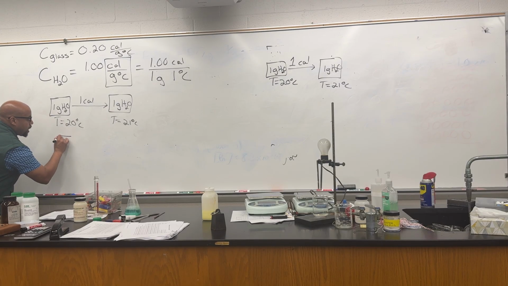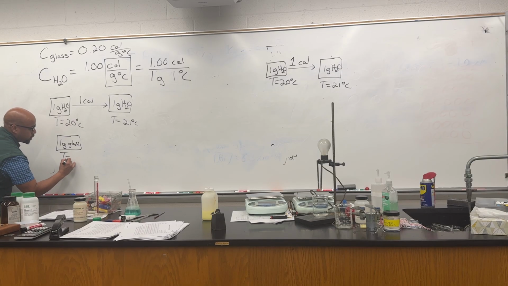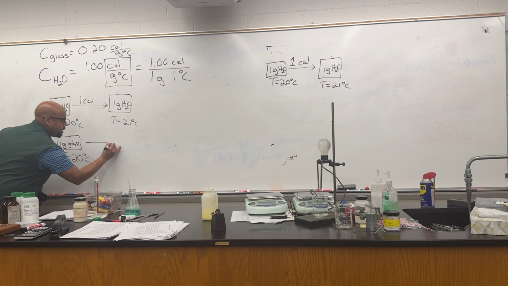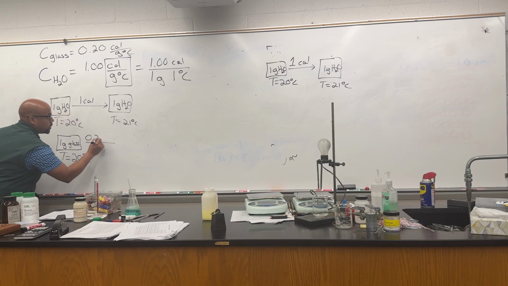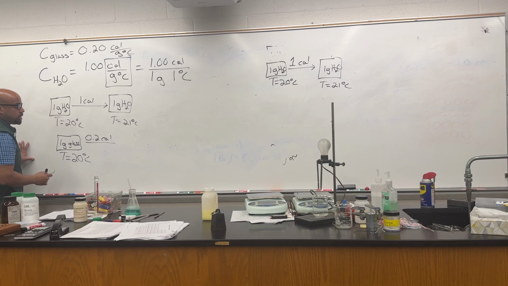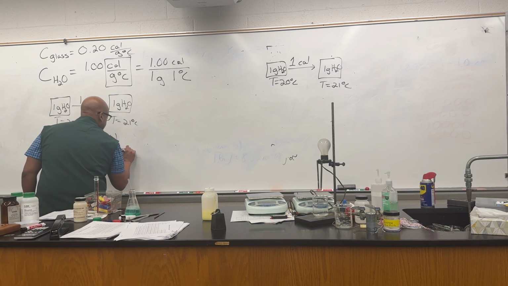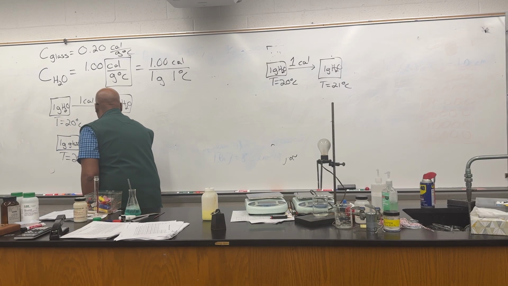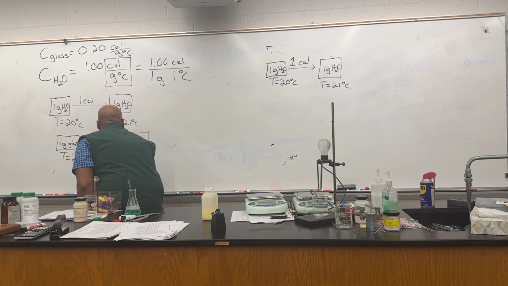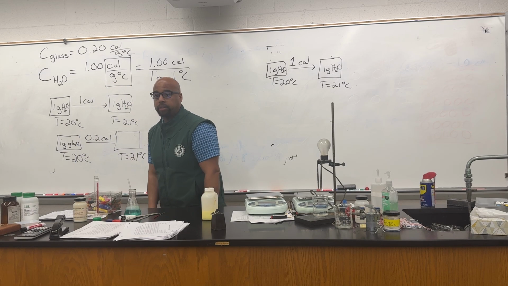If I have 1 gram of glass, and I start off at a temperature of 20 degrees Celsius, when I put in 0.2 calories of energy into this thing, I'm going to get, in this case, the temperature of the glass to go up to 21 degrees Celsius. Because, hey, glass says I don't need 1 cal. All I need is 0.2 calories in this case.